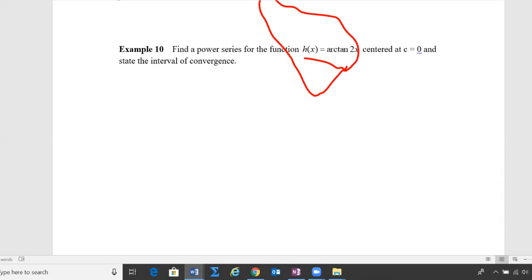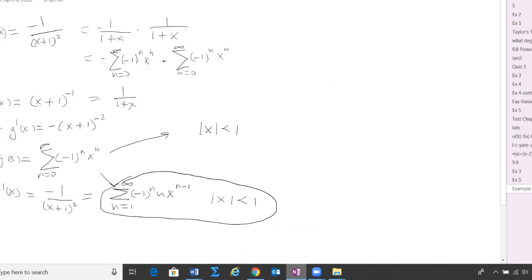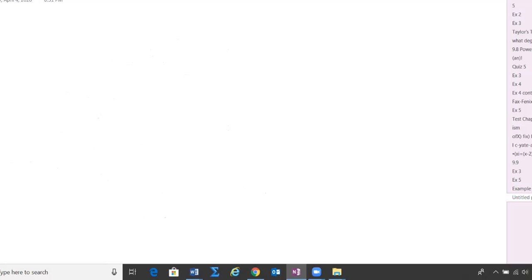So I'm going to go back over to my notebook. This arctangent of 2x, we want to center this at 0. So somehow we want to expand this. C equals 0. So let's come back over here.